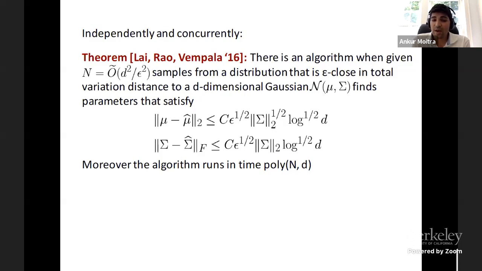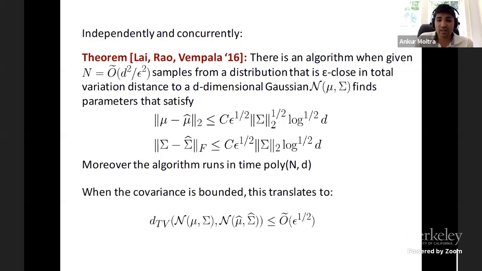And they also got bounds on how close sigma and sigma hat are in Frobenius norm. Now you can translate these results to bounds on the total variation distance under some additional conditions on your distribution. It turns out that when the underlying distribution has a bounded covariance, what this really translates to is that your estimates are close enough that you're epsilon to the 1/2 close in TV to the Gaussian that you started off from.